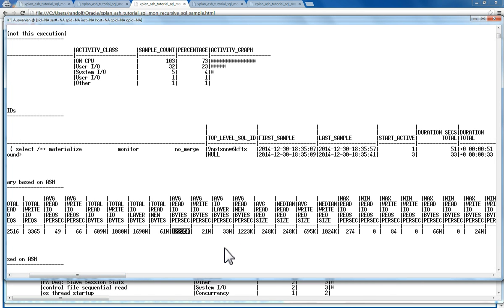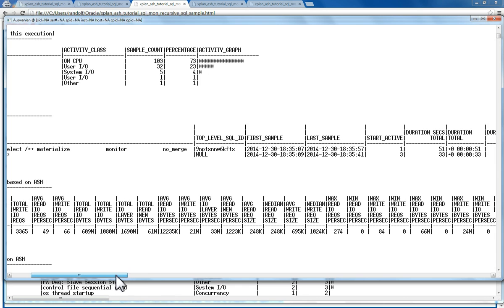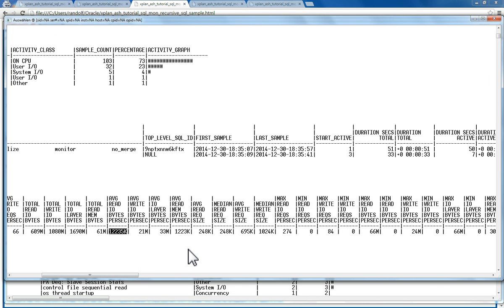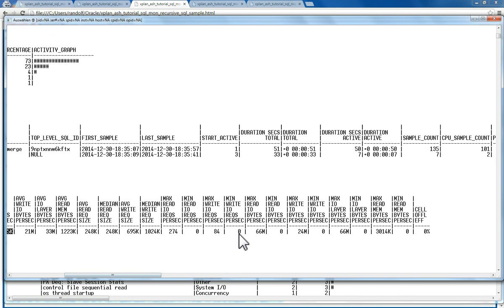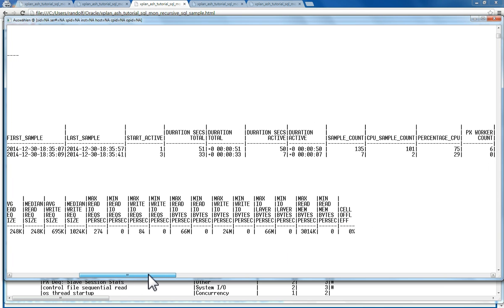And even the average read and write request sizes you would see here, and also minimum and maximum values. So you would also see peaks and outliers in some cases, if you had very slow or very fast I/O patterns.